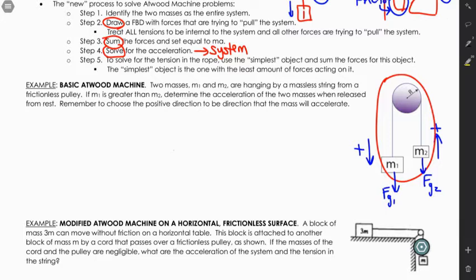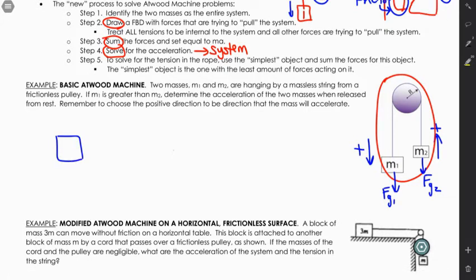Now remember, this is where gravity wants to pull, not the way they're actually going to move, right? Because M2 is going to move up, in the grand scheme of things here, okay? So I've identified the forces. I have my positive directions, right? So now let's translate that into a single system.